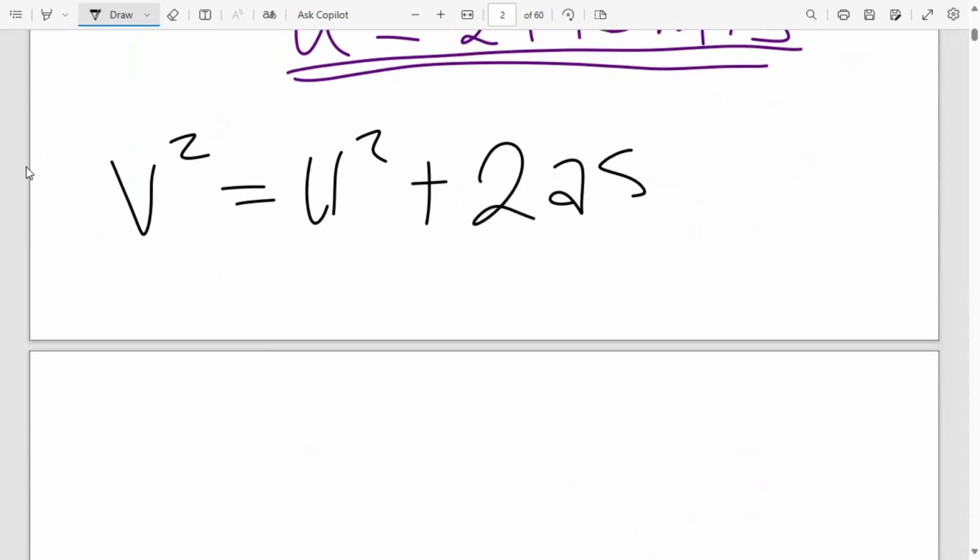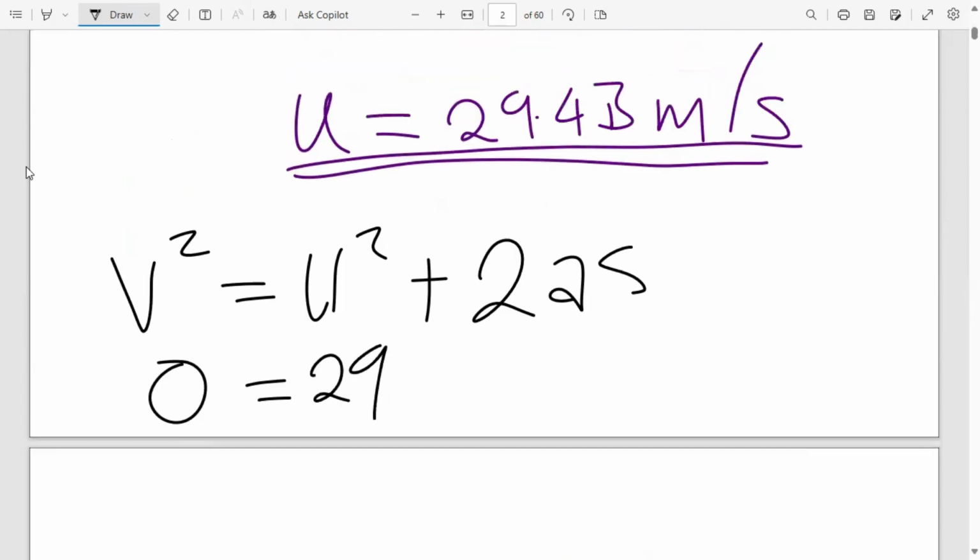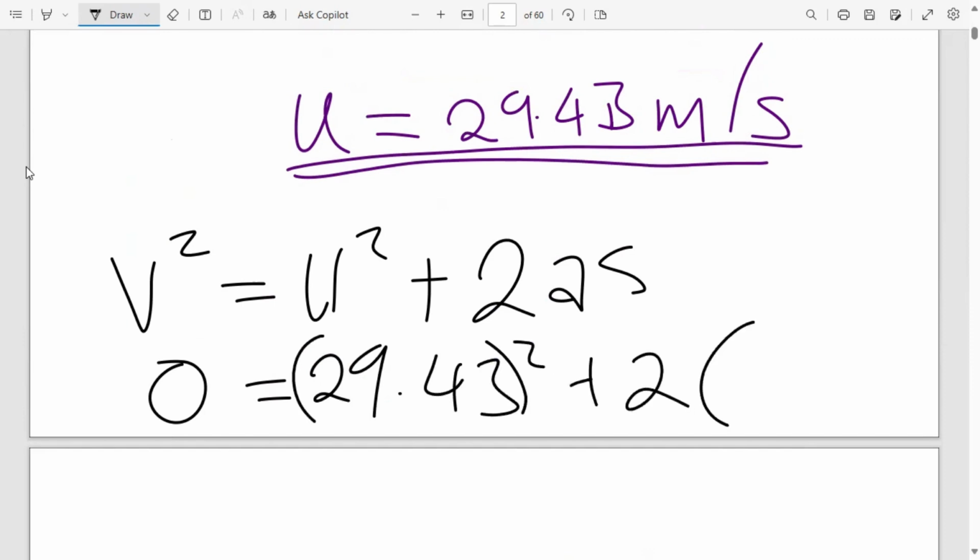So we're going to say our final velocity is 0. Our initial velocity is 29.43, this is squared, plus 2, acceleration is negative 9.81. Then we have s at the end there for our displacement.